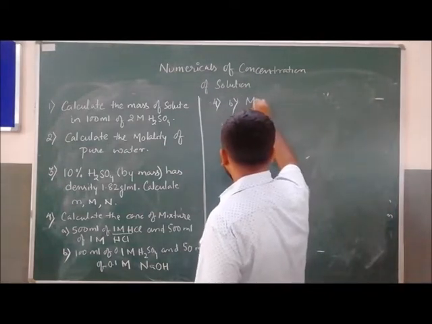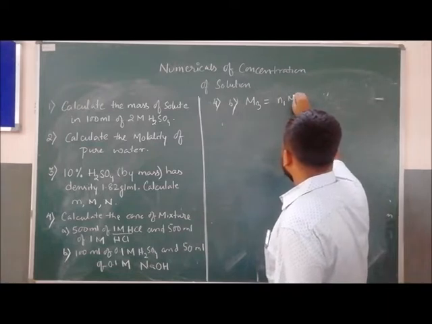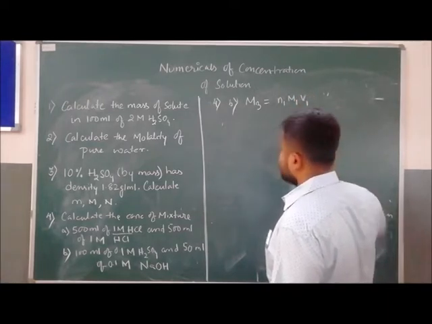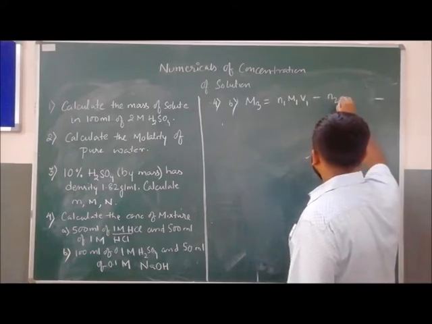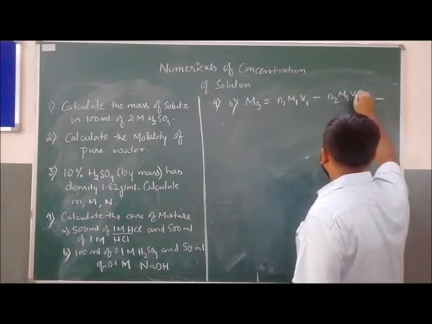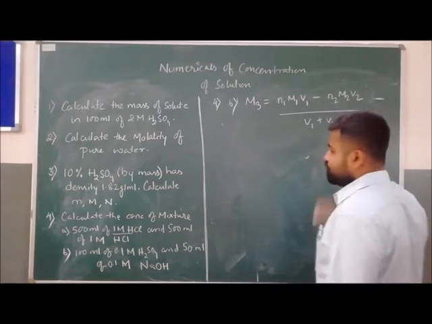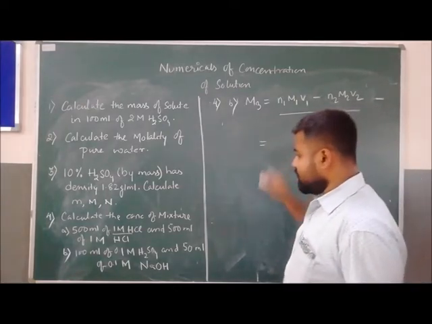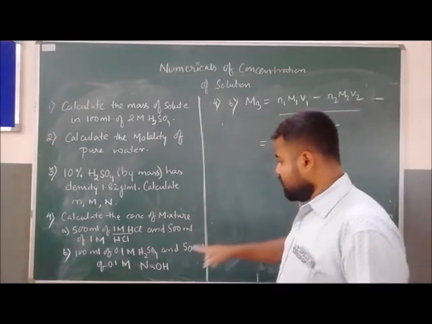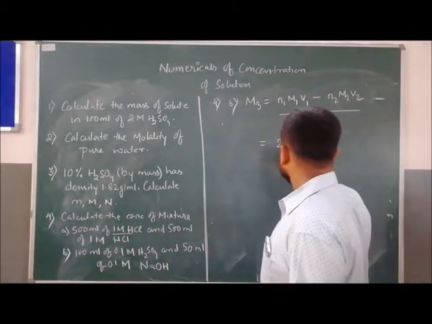The formula will be M3 equals to N1 M1 V1 plus minus N2 M2 V2 by V1 plus V2. So what is N1 here? N1 for H2SO4, basicity 2, so N1 is equal to 2.